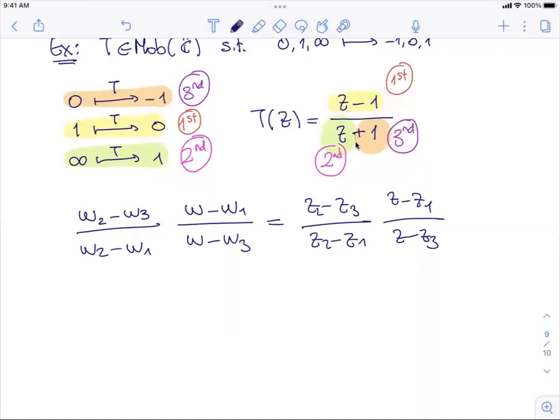And here we just need to plug in what is what. But it is a bit of a pain. So these are my W's, these are my Z's.